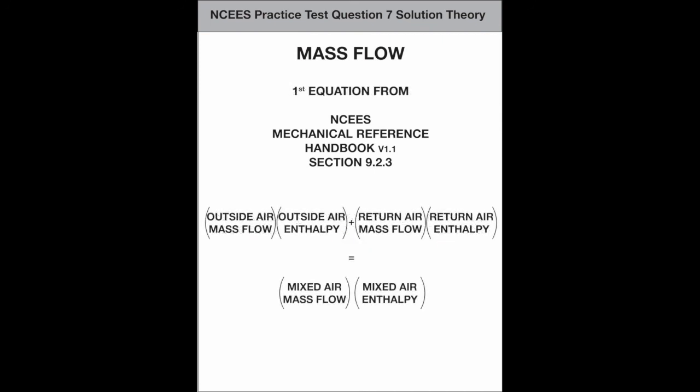Now set up the first equation from Section 9.2.3 in the reference handbook to determine the mixed air enthalpy. 352.6 times 37.7 plus 1,083 times 31.4 is equal to 1,435.6 times mixed enthalpy. So the mixed enthalpy is 32.95.